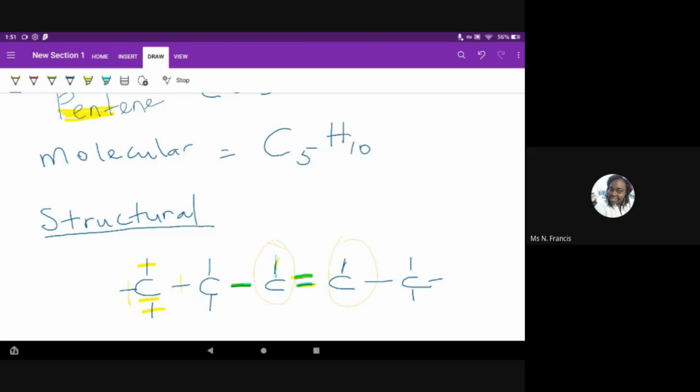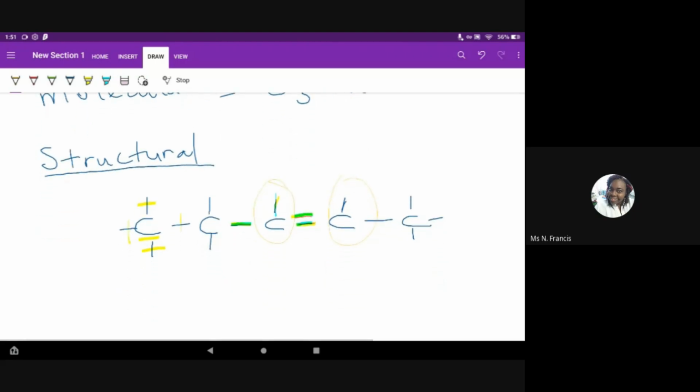So let's drop in our hydrogens and complete our structure. That's what it will look like, the fully displayed structural formula for pentene.